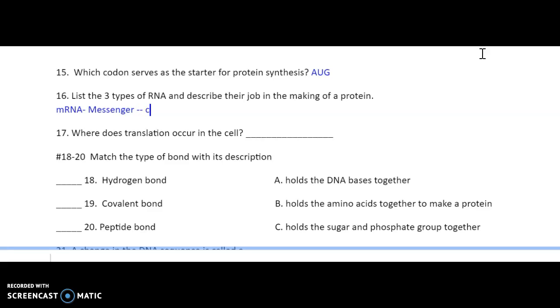Its function is that it carries the DNA message or DNA instructions for protein synthesis from the nucleus to the ribosome. mRNA, messenger.